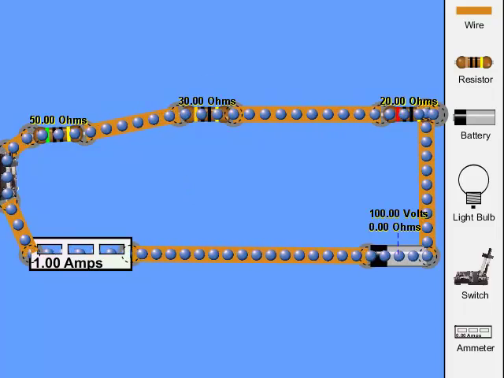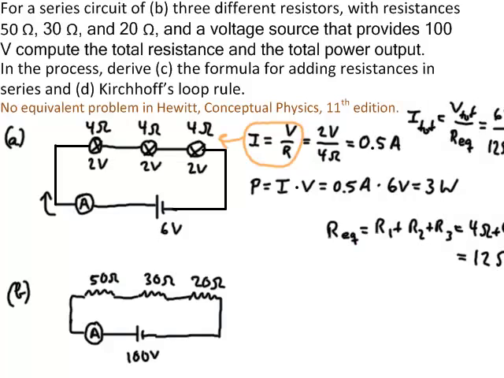Okay, let's go back to this one here. What I just showed is what the book is saying: here we have 50 volts on this resistor, 30 volts on this one, 20 volts on this one.